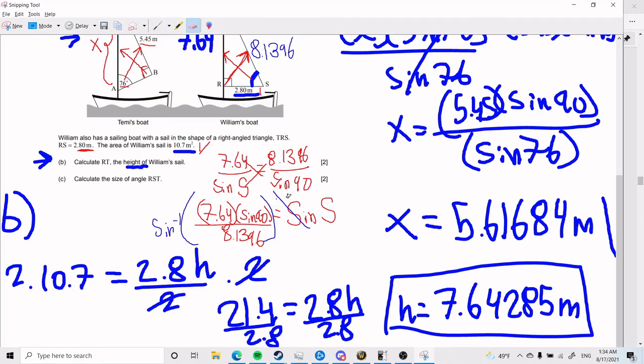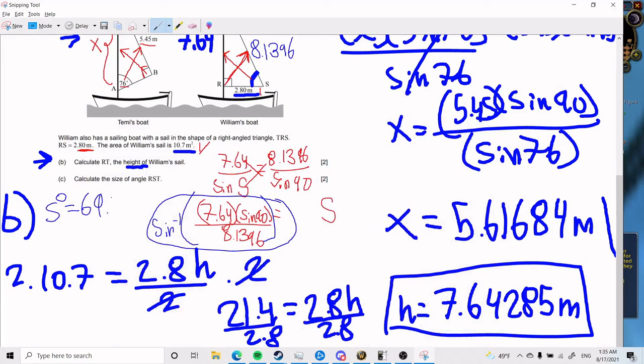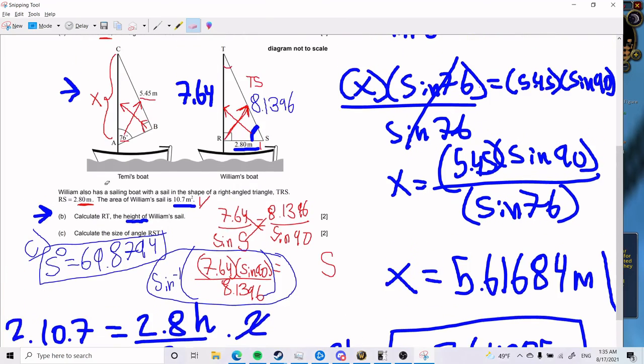When that occurs, we end up with S equals something. And that something is going to be this whole number here. Okay, so we plug that into our calculator. We end up with the size of the angle RST being 69.8794. So this is the size of the angle RST. And that is for part C, by the way, not part B.